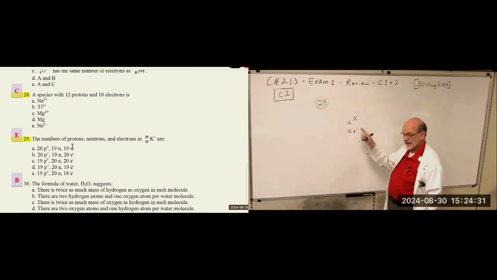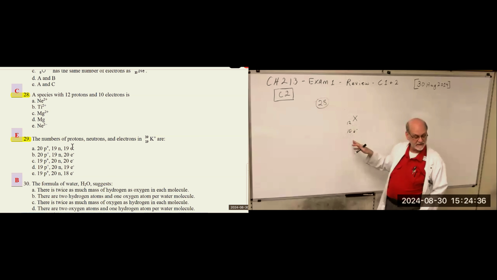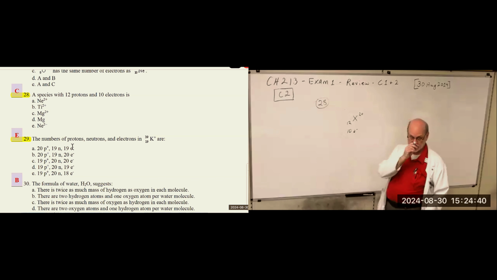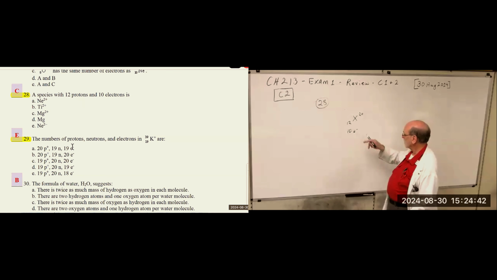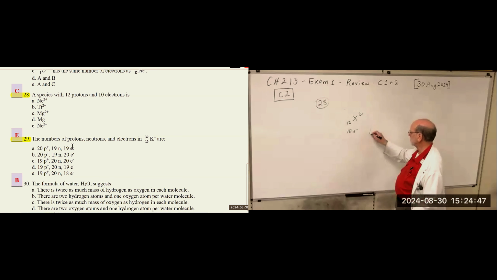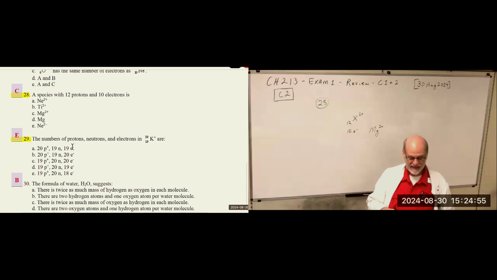Okay. That's going to be an ion because it has 12 positives and 10 negatives. So it's going to have a 2+ charge, right? So 12 protons gives us a magnesium ion. That would be C.